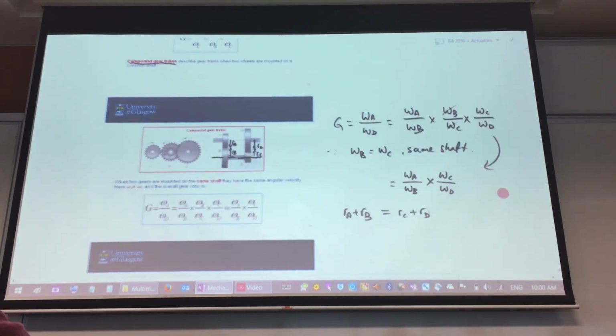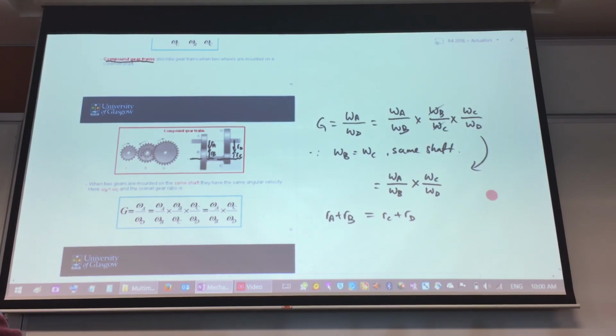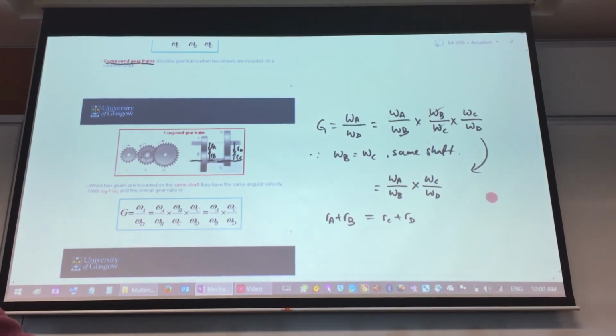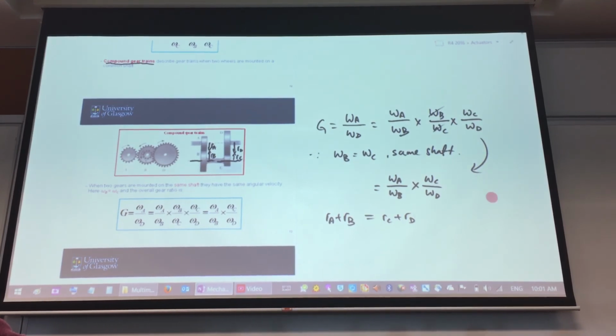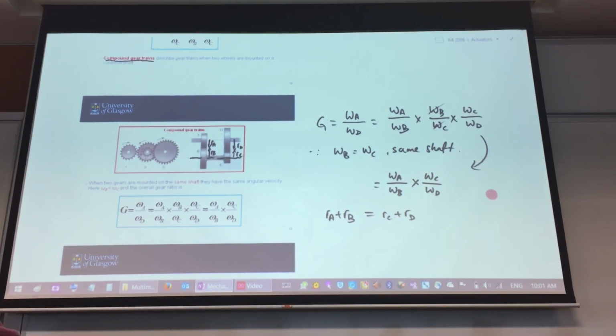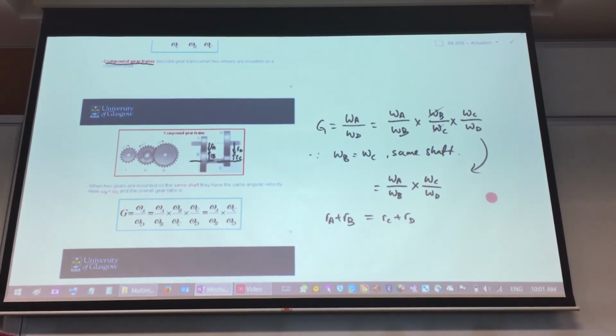So if you're wondering, well, all this is a lot of mathematics, but what does it actually mean to me? Simple gear train and compound gear, what's the difference? For a simple gear train, there's only one ratio, but for a compound gear train, there are two ratios.